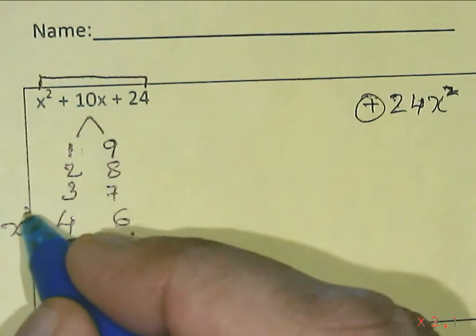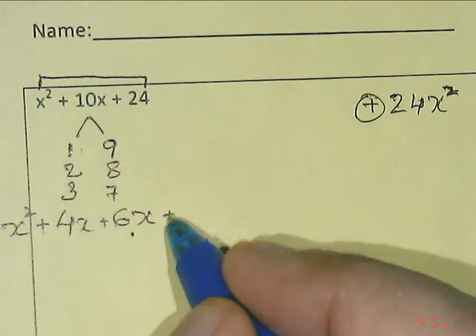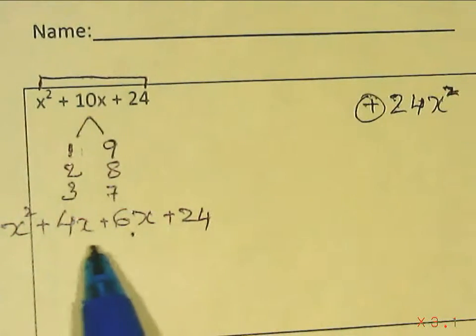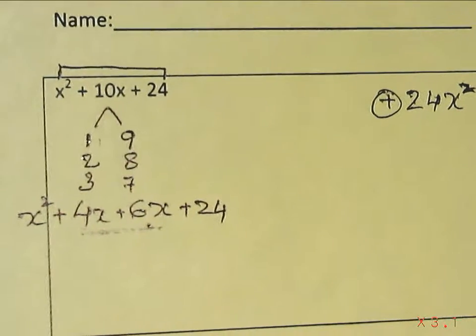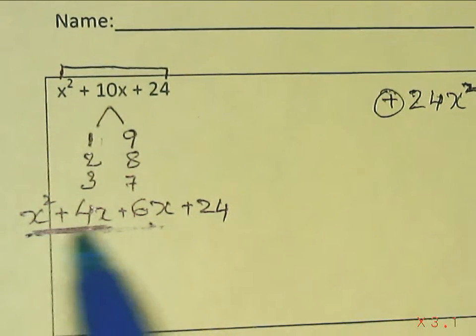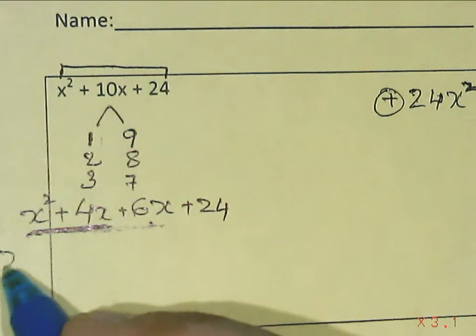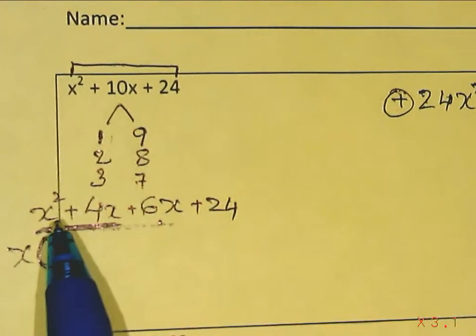So x square plus 4x plus 6x plus 24. Now I'm splitting this one as 4x and 6x. Now, can you see something same in the first two terms or not? So, pull out that x. X square means there are two x's.